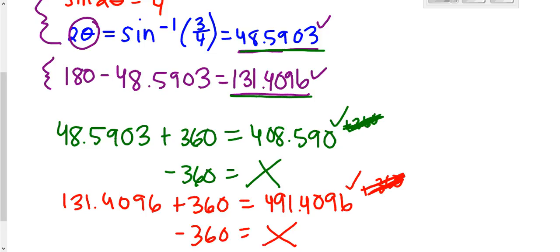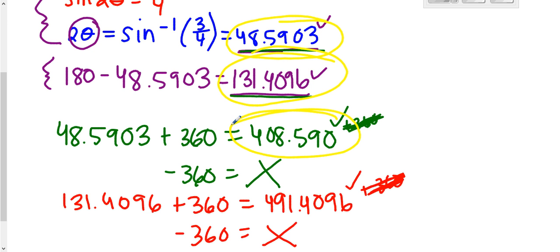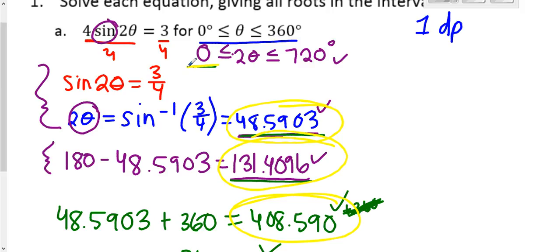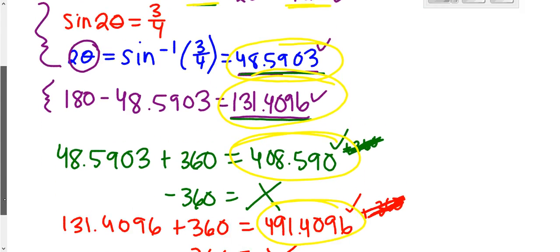So we're going to take 48, 131, 408, and 491, because all of those fit in my interval of 0 to 720. So I'm going to take those and write them down here.